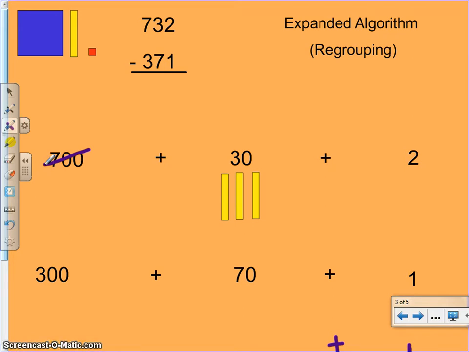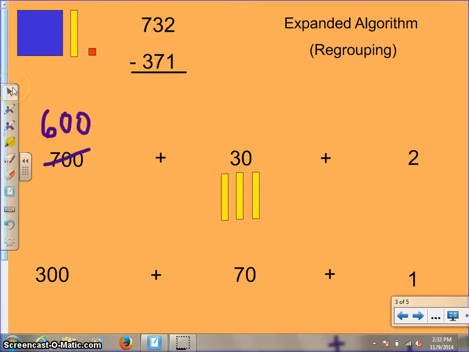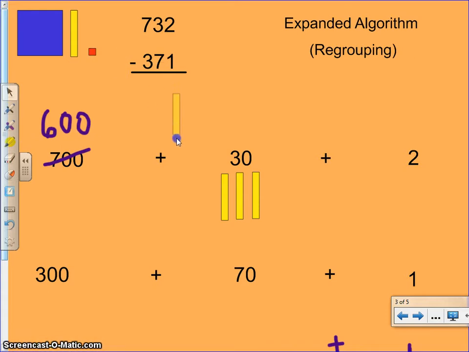So if I regroup 100 from my 700s, in my hundreds place I now have 600 because I'm basically taking 100 from there. And I'm regrouping for 100 or 10 tens. Because remember, 100 equals 10 tens. So if I turn that 100 into tens, it will help me subtract in my tens place.